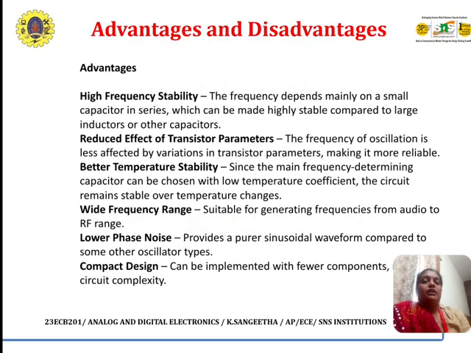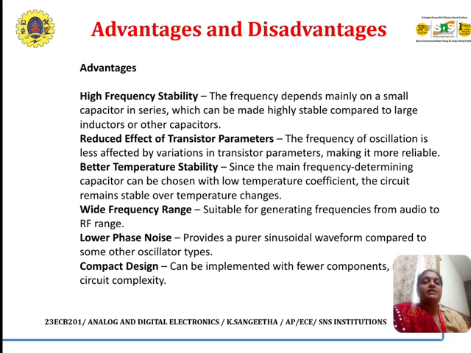Coming to the advantages of the Clapp oscillator, it has very high frequency stability. The frequency stability depends on the feedback components. Here, because of the small C3, high frequency stability is achieved, and it has a reduced effect of transistor parameters and better temperature stability.